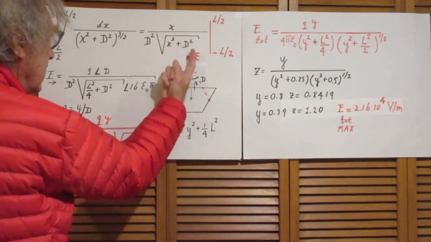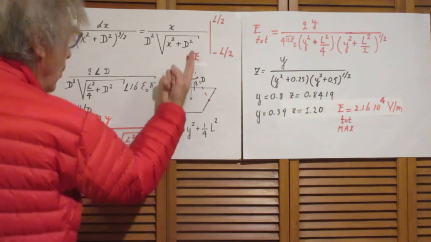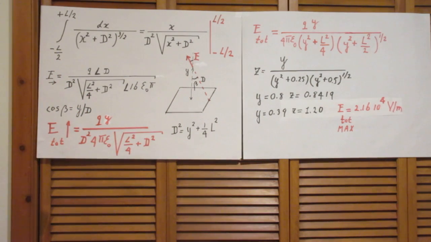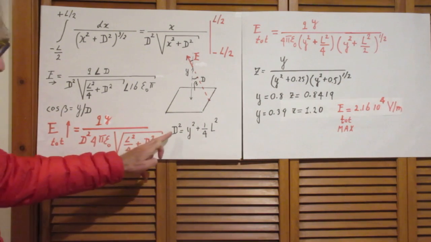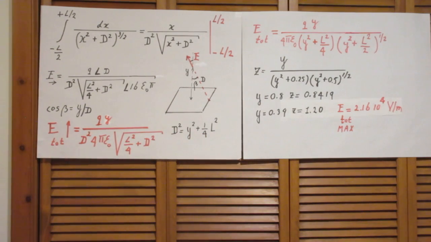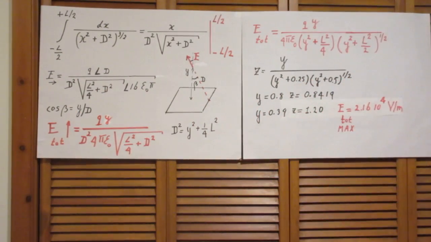And that net E field must be in this direction, simply for reasons of symmetry. Now, I substituted in here that d squared is y squared plus 1/4 L squared. And so you see that there. It's the same equation, but now I have eliminated d, and I have it exclusively in terms of y.